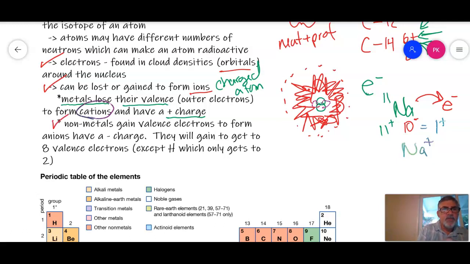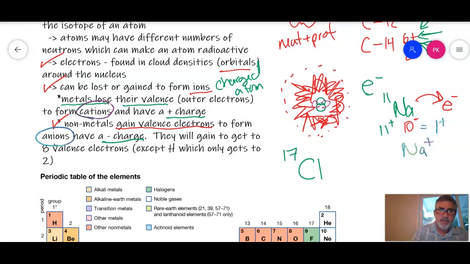So nonmetals can gain valence electrons to form anions, with a negative charge. Let's say I have chlorine. Chlorine has 17 protons.